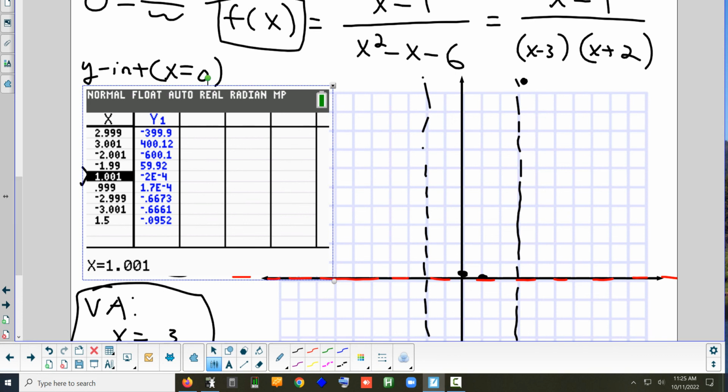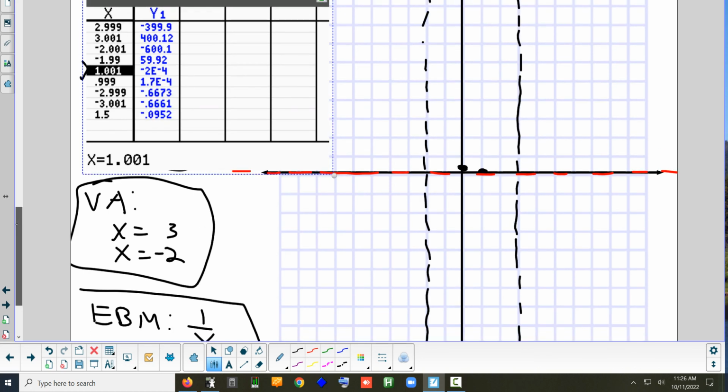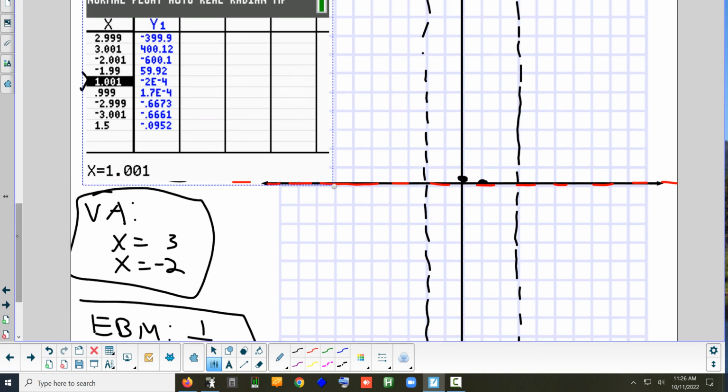Now do the same thing for the -2 point. Just after -2, I'm down at -600. So just after, I'm way down. And just before it, I am way up.